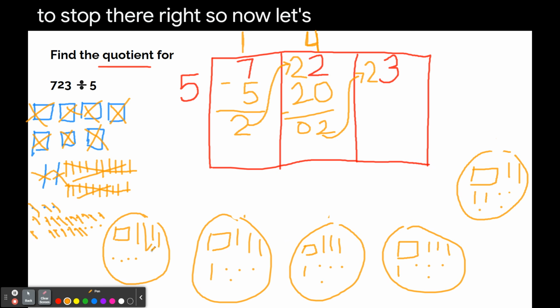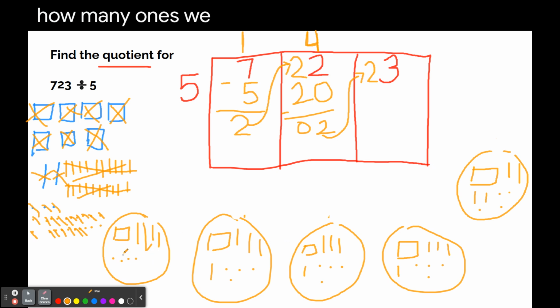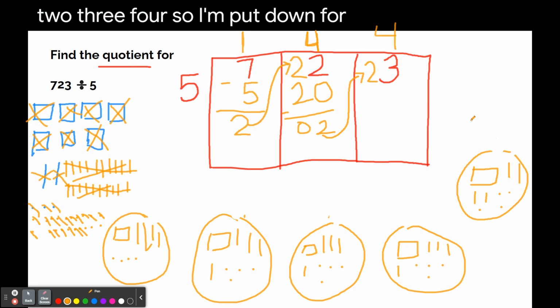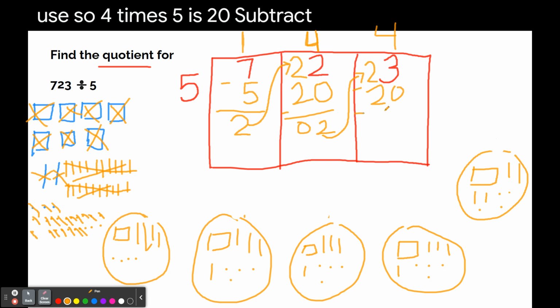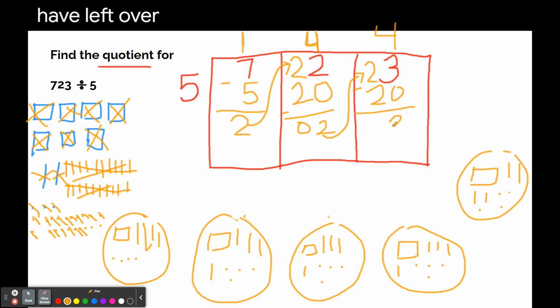So now let's look at how many ones we have in each group. We have 1, 2, 3, 4. So I'm going to put down 4 at the top. And now we have to figure out how many of those ones we used. So 4 times 5 is 20. We're going to subtract that. And what we have left over is 3, right? So we have 3 right here as our remainder.